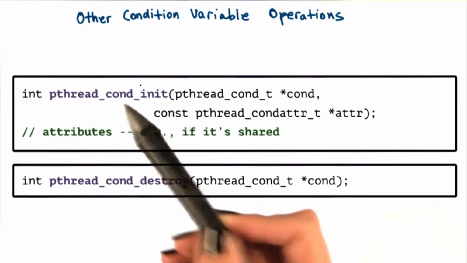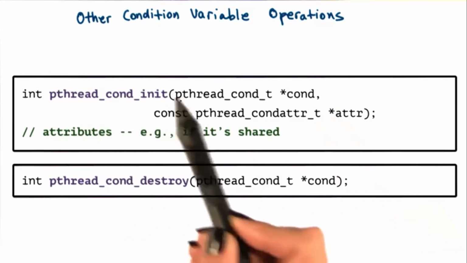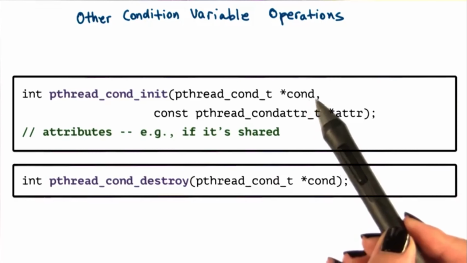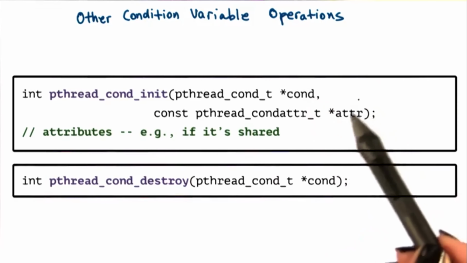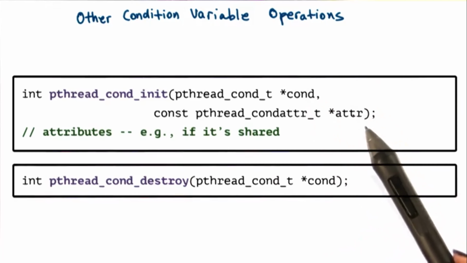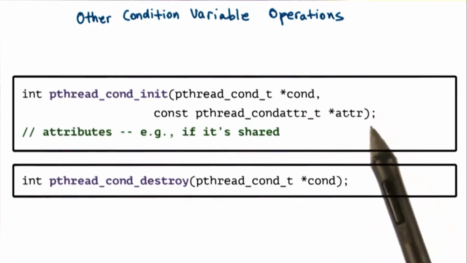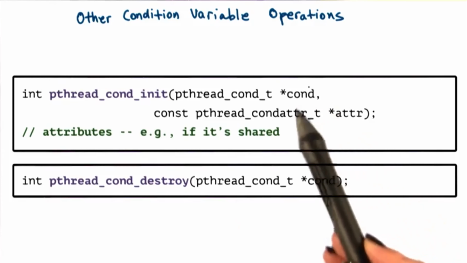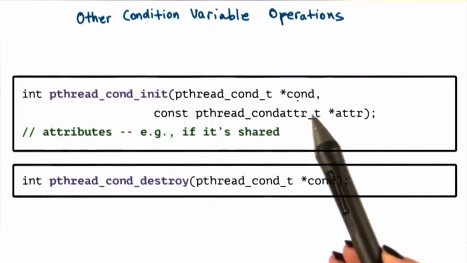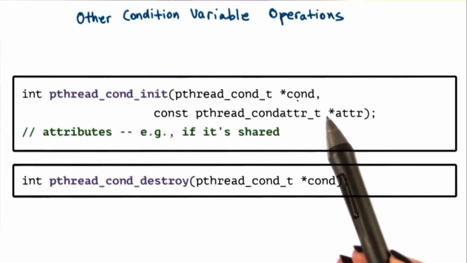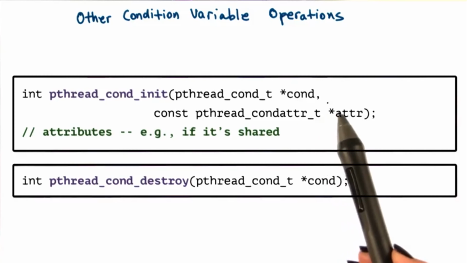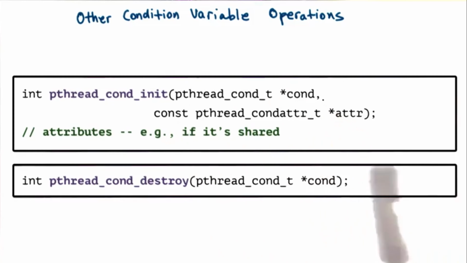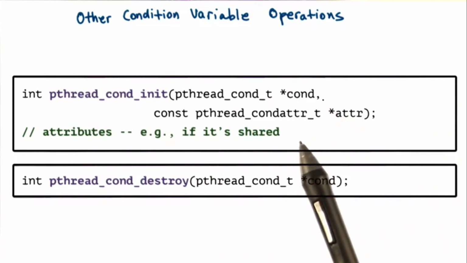pthread_cond_init is pretty straightforward. You have to use this operation in order to allocate the data structure for the condition and in order to initialize its attributes. Like what we saw with mutexes, the attributes can further specify the behavior that Pthreads provides with conditions. For instance, an example is whether or not the condition variable will be used only within threads that belong to a single process or also shared across processes.